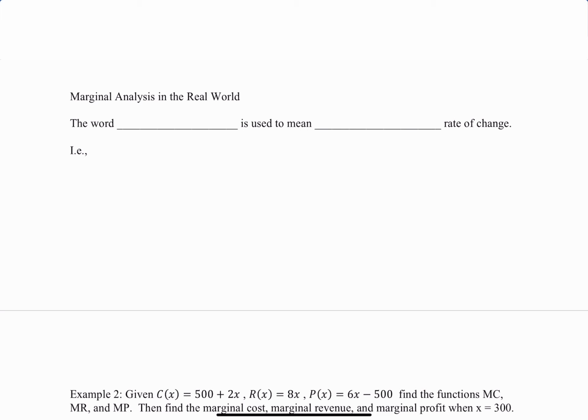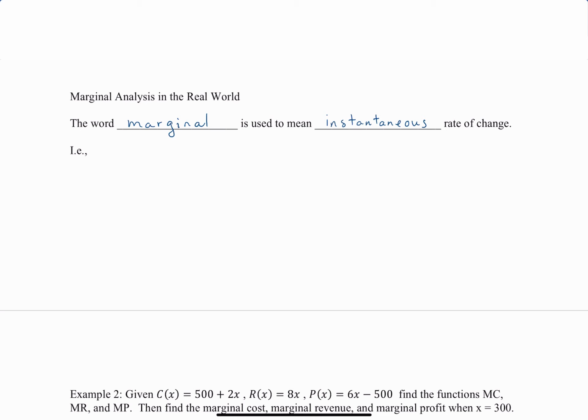Even though all the business people will tell you that marginal analysis is just taking the difference in output when you change the input by one, in fact, the word marginal in practice is used to mean instantaneous rate of change.